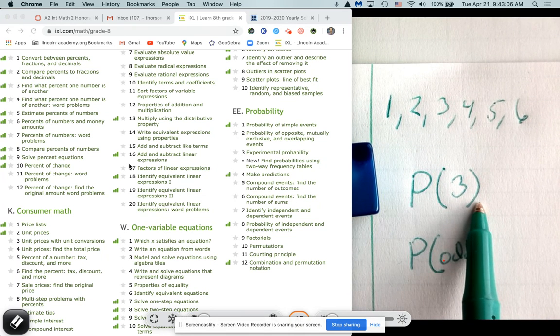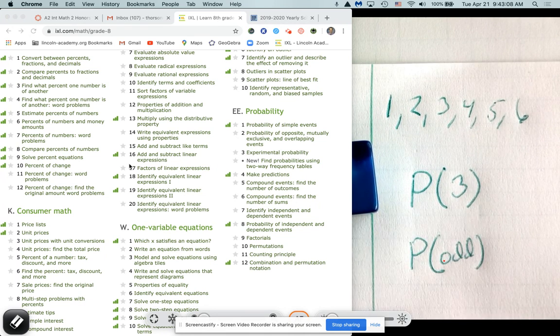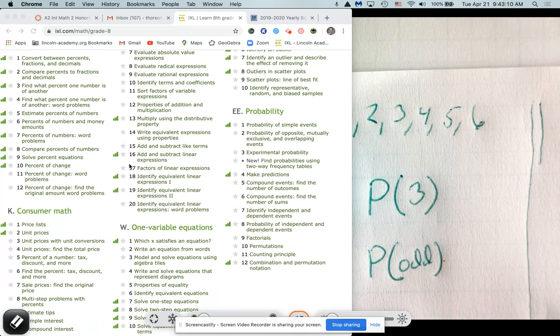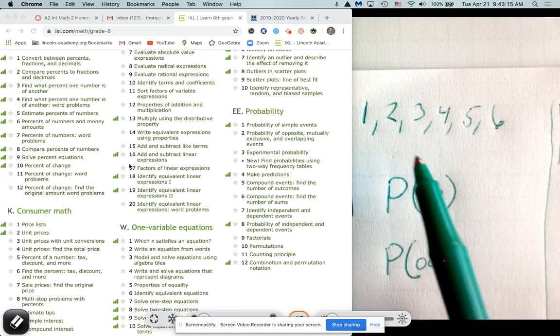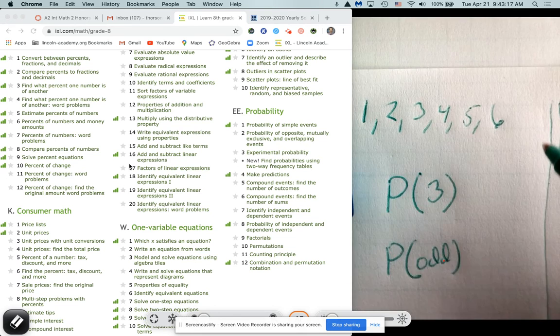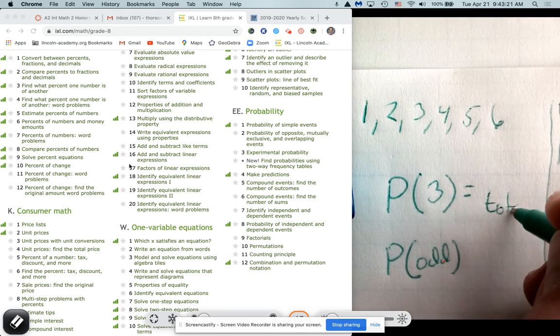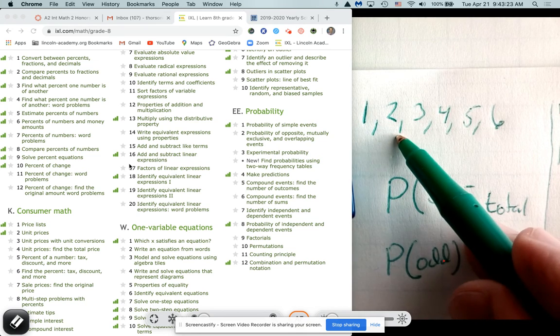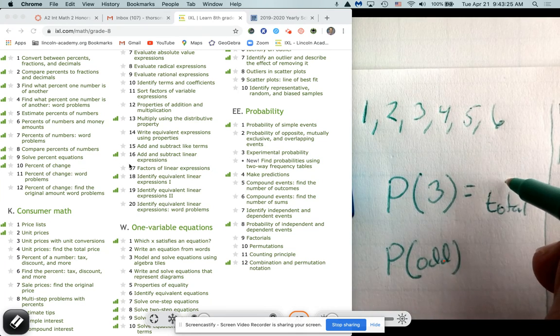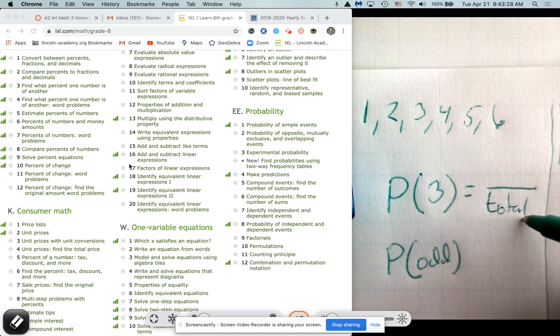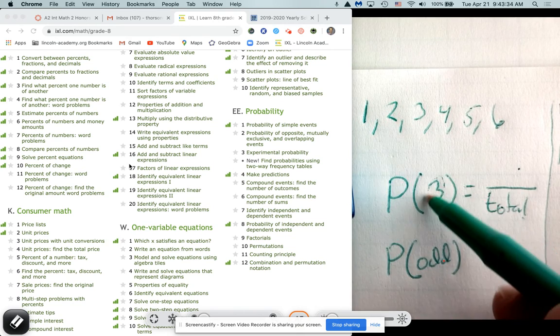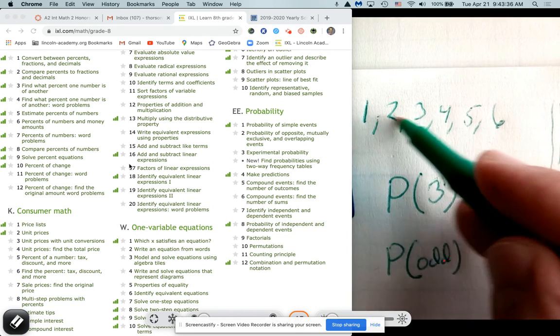Well, to calculate probability, it's not very difficult, as long as it's simple probability, where each event is just as likely to happen. The way you calculate it is you always take the total number of possible outcomes, or that sample space, and you put that in the denominator of a fraction, and you put the possible successes or successful outcomes of 3, which there's only how many successful outcomes of 3?